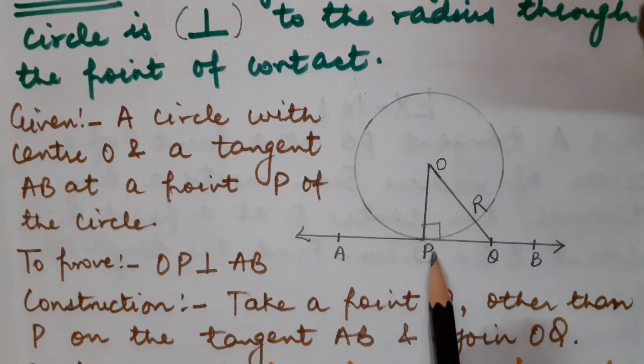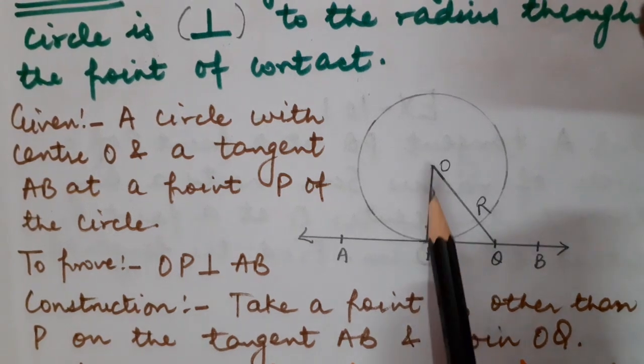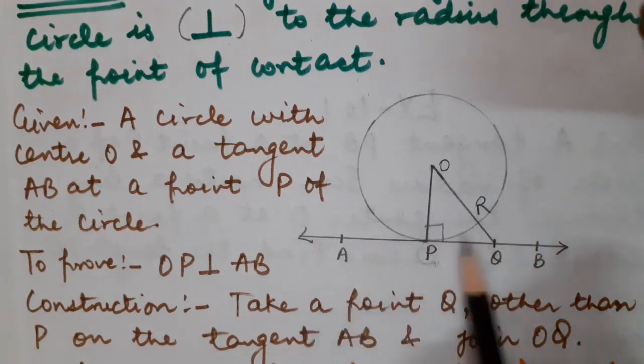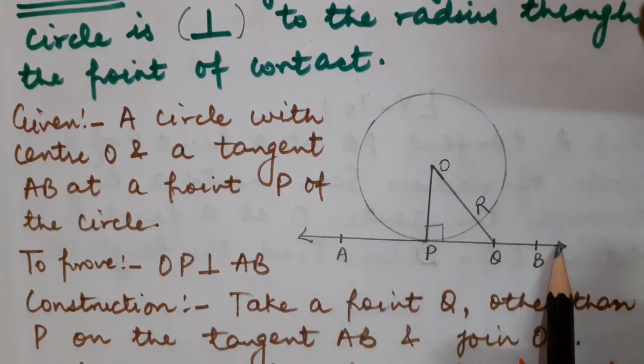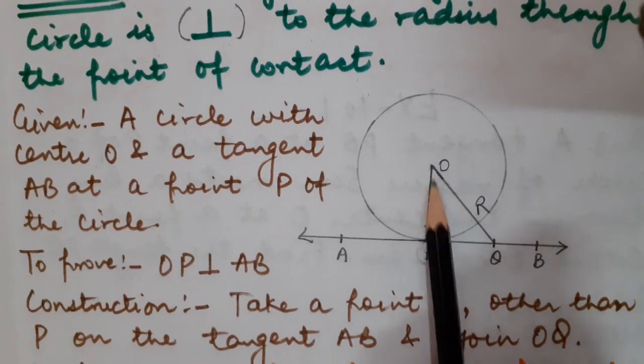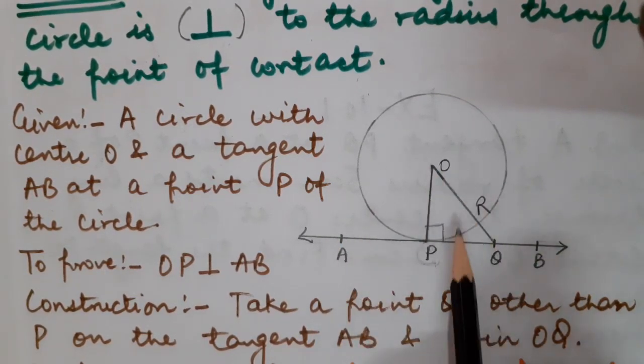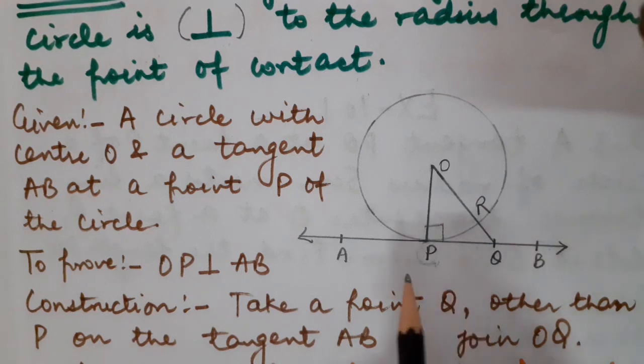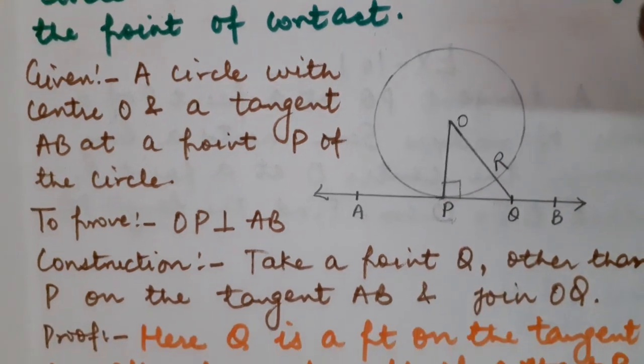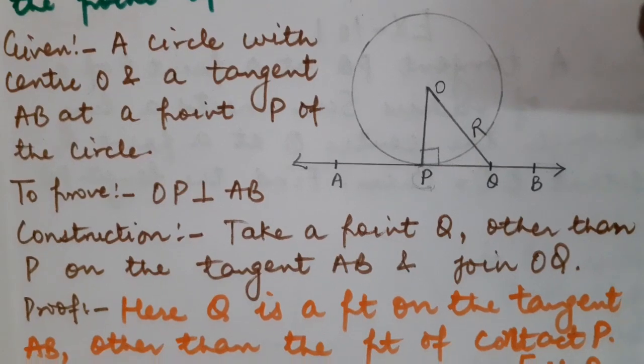Correct. This will be known as the point of contact. So what do we have to prove? We have to prove that OP is perpendicular to AB. We are going to prove that the radius is perpendicular to the tangent. This proof we are going to use in most of the questions. So please understand this theorem very carefully.